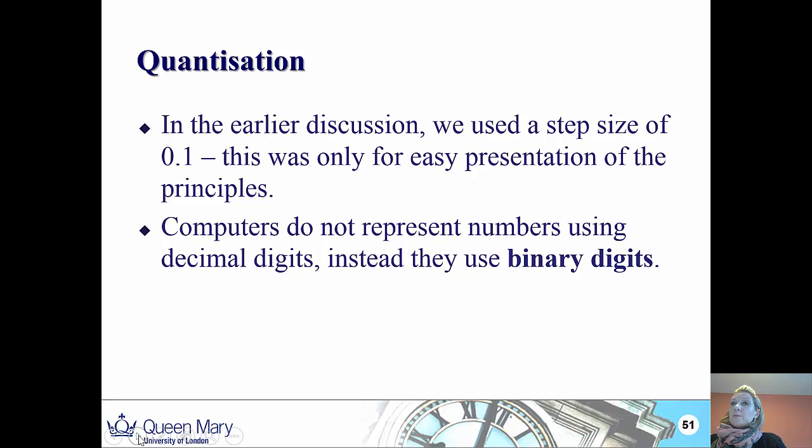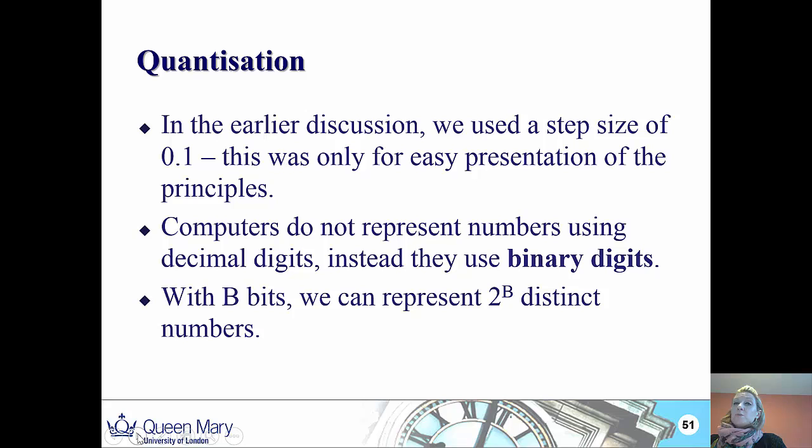Computers do not represent numbers using decimal digits, so we use the binary digit instead, and this is just something that you should be aware of. With B bits, we can represent 2 to the B distinct numbers. So if we've got 3 bits in our signal, we can represent up to 8 distinct numbers. So the number of distinct numbers we wish to communicate in our digitized signal should always be a power of 2.